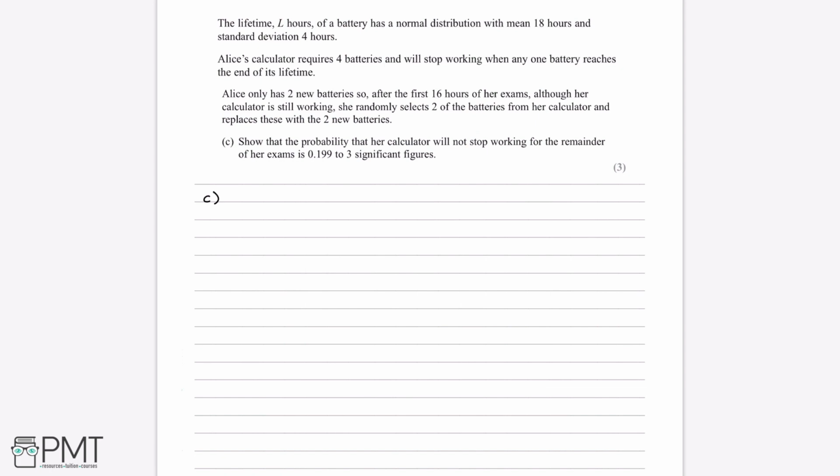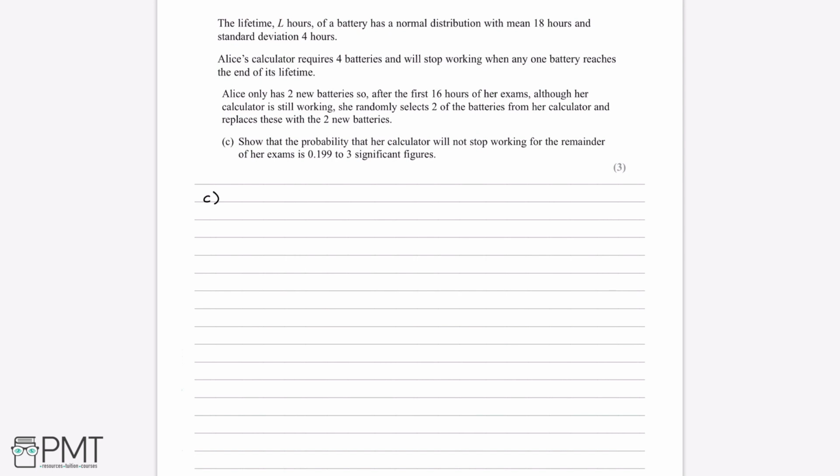So what this question is telling us is that in the last 4 hours of Alice's exams, her calculator is going to have 2 new batteries in them, and 2 batteries that have already lasted 16 hours. And we want to find the probability that they'll last another 4 hours, given that they've already lasted 16.